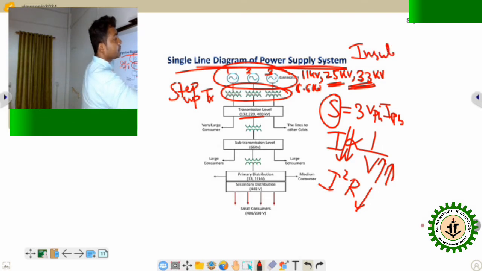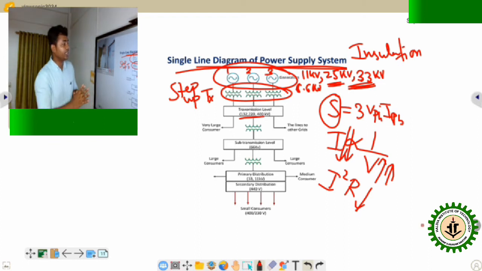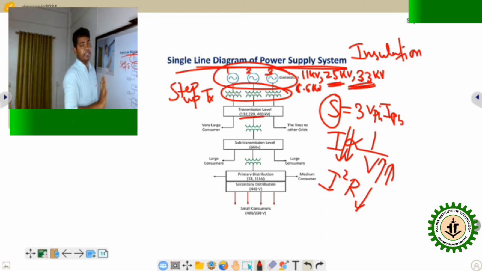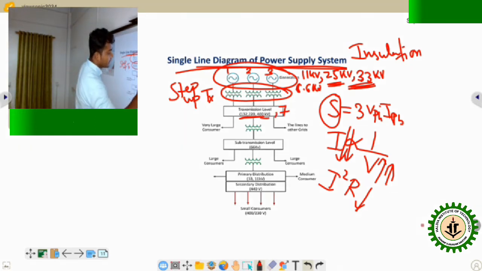The voltage level of the generator is maximum 33 kV. Next, after that comes 132 kV, 220 kV or 400 kV, and in India somewhere 765 kV is also used for transmission. For transmission, the maximum voltage in India is 765 kV.